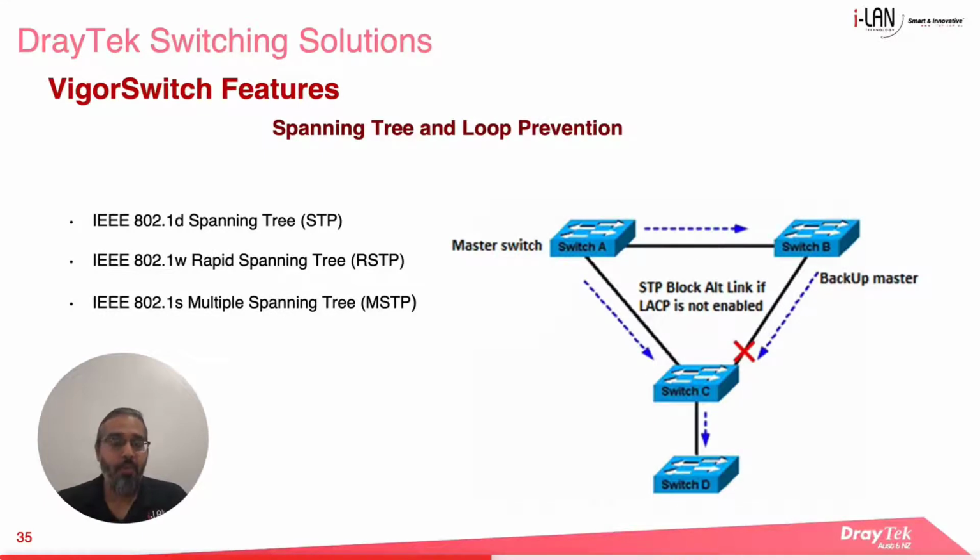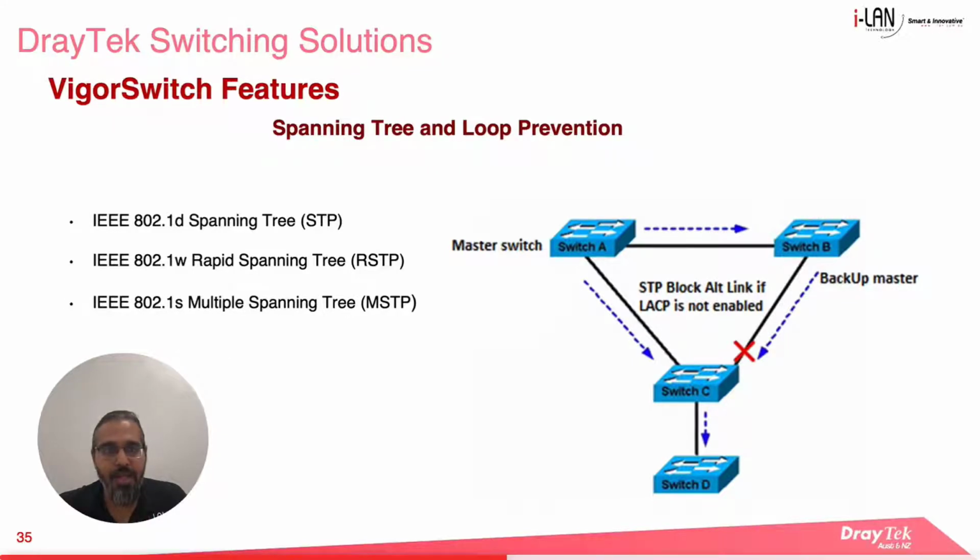The Spanning Tree Protocol, or STP, is a network protocol that ensures a loop-free topology for any bridged Ethernet local area network. Dratec Vega switches support 3 types of spanning tree protocols. These are IEEE 802.1d Spanning Tree Protocol, 802.1w Rapid Spanning Tree Protocol, and 802.1s Multiple Spanning Tree Protocol.